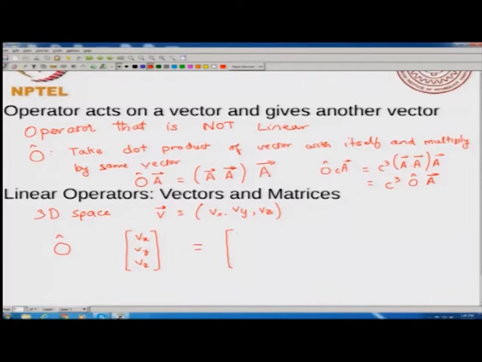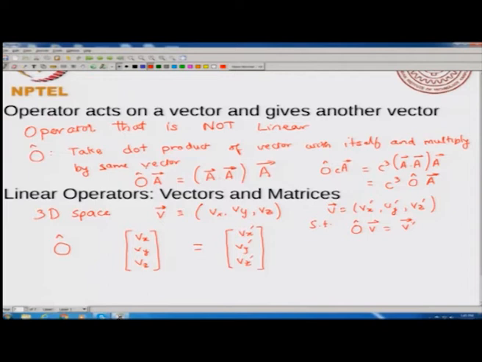I'll just call it V prime, equal to Vx prime, Vy prime, Vz prime, such that the operator acting on V equals V prime.